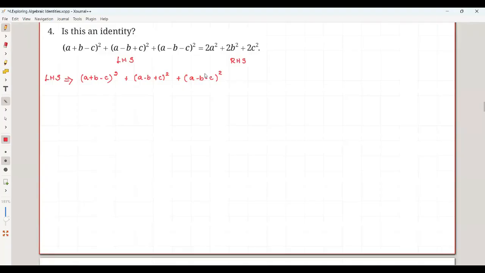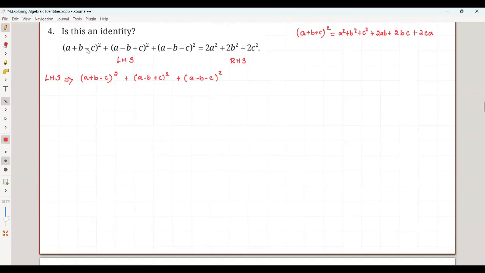For everything, we are going to use the formula (a plus b plus c) the whole square, which is equal to a square plus b square plus c square plus 2ab plus 2bc plus 2ca.